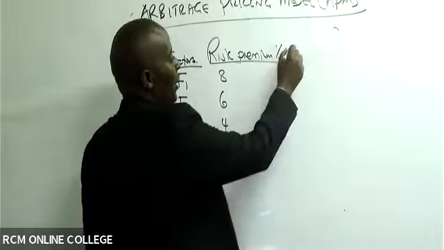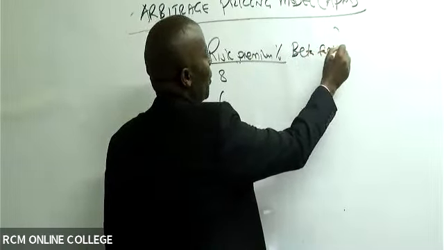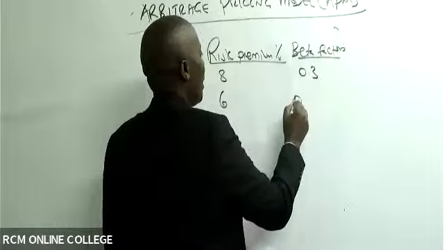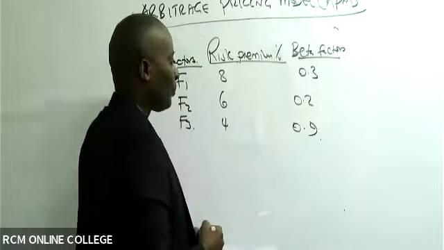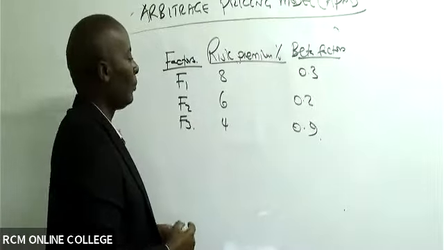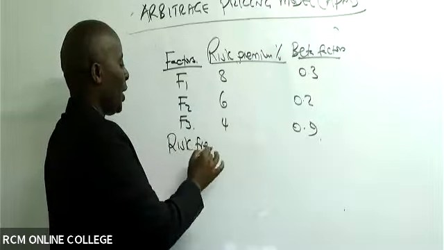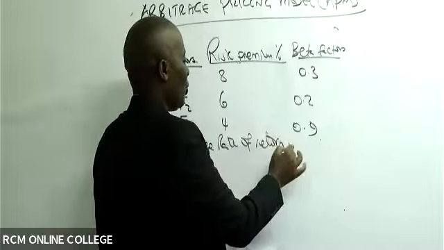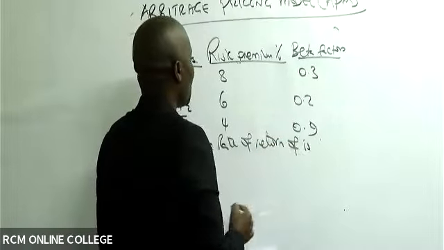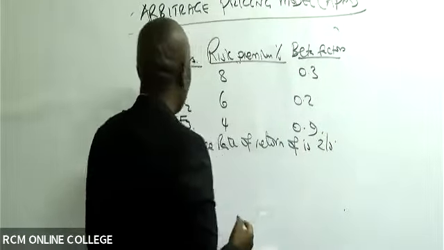And then they've given us beta factors: 0.3, 0.2, then 0.9. The risk-free rate of return is 2%.